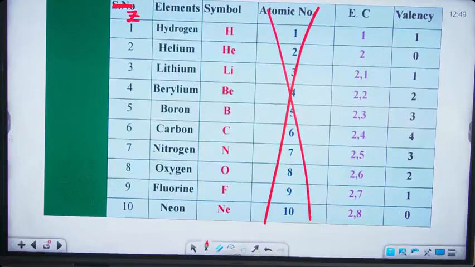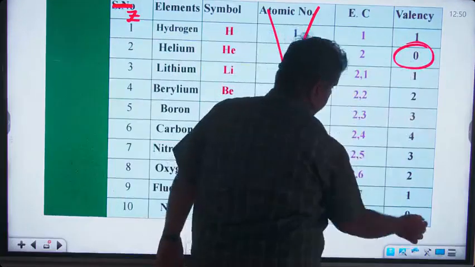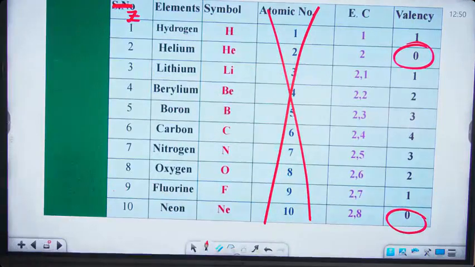Hydrogen, helium, lithium, beryllium, boron, carbon, nitrogen, oxygen, fluorine, and neon. So the inert gas valency is equal to 0. Finished?